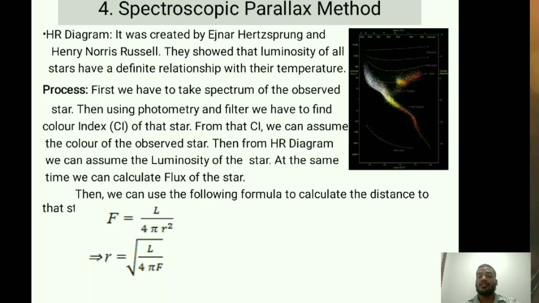The x-axis here denotes the temperature of stars, which increases continuously from right to left, and the y-axis denotes the luminosity of stars, which increases gradually from bottom to top.